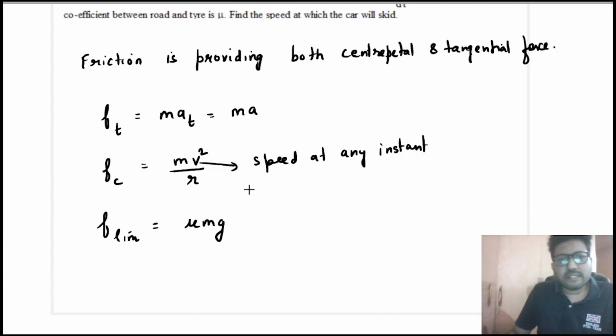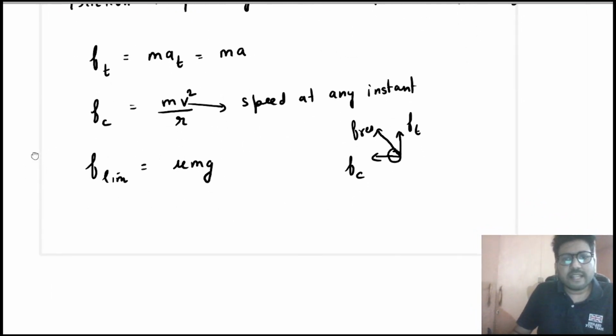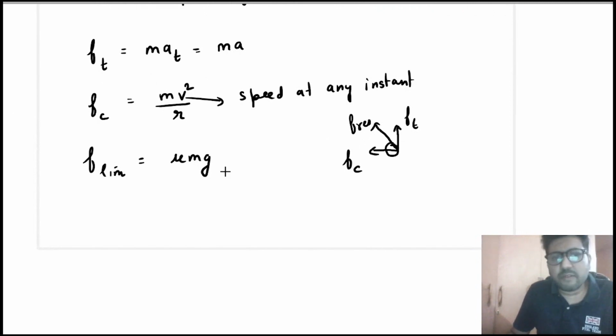So this is the tire, and this tire is experiencing a tangential force and a radial force. So this is Fc, this is Ft, and this is the resultant friction. Now F resultant cannot be greater than mu m g. So when the resultant friction becomes equal to mu m g, the tire will start to skid, because friction will not be able to provide the necessary centripetal force.